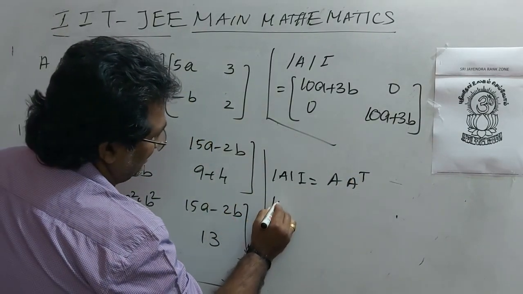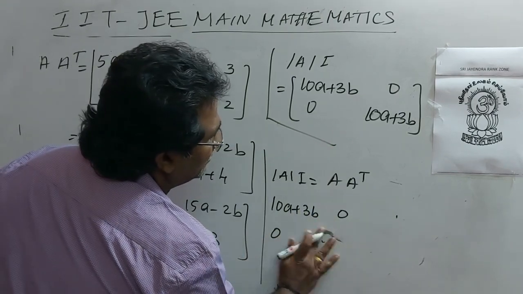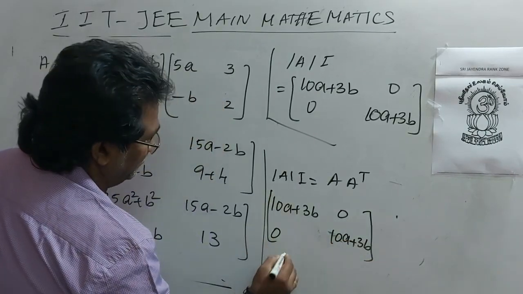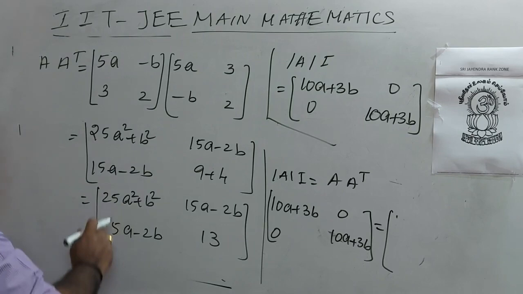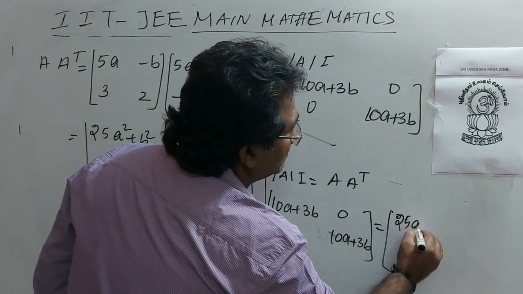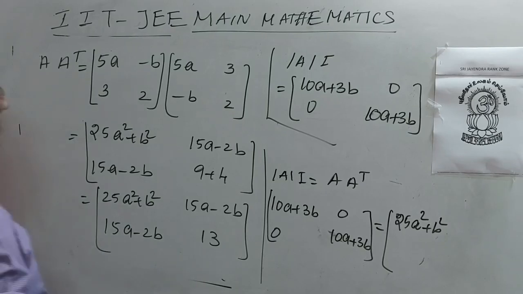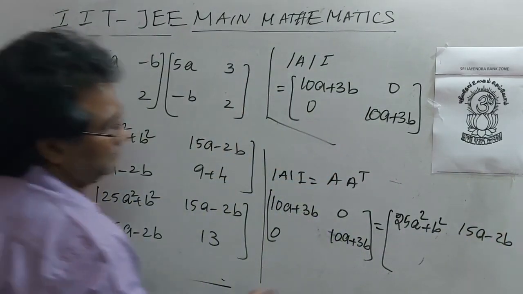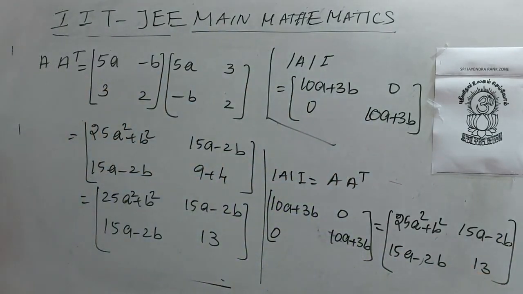So 10a plus 3b, 0, 0, 10a plus 3b equals 25a squared plus b squared, 15a minus 2b, 15a minus 2b, 13.